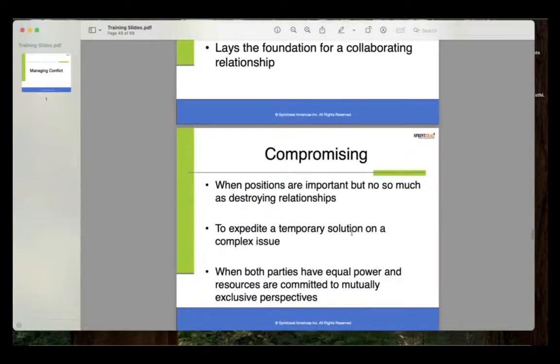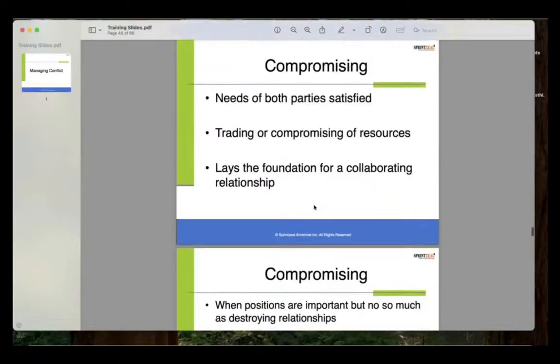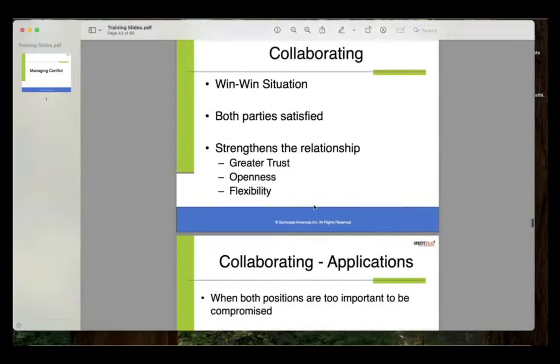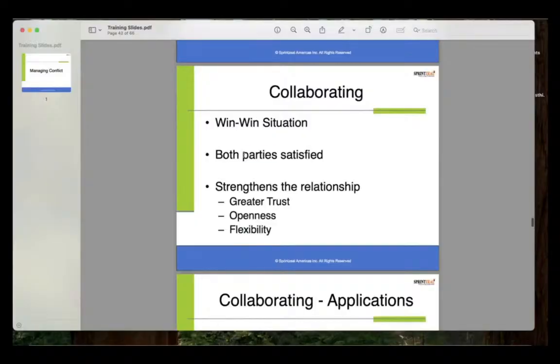Then compromising also happens when positions are important, but not so important as to destroy the relationship. As we saw in the previous ones, when both parties are satisfied, it strengthens the relationship.